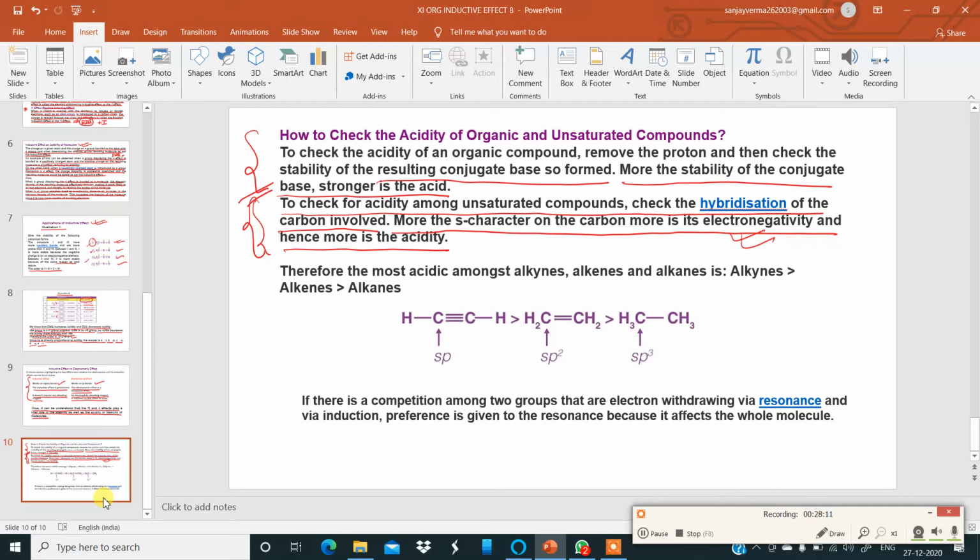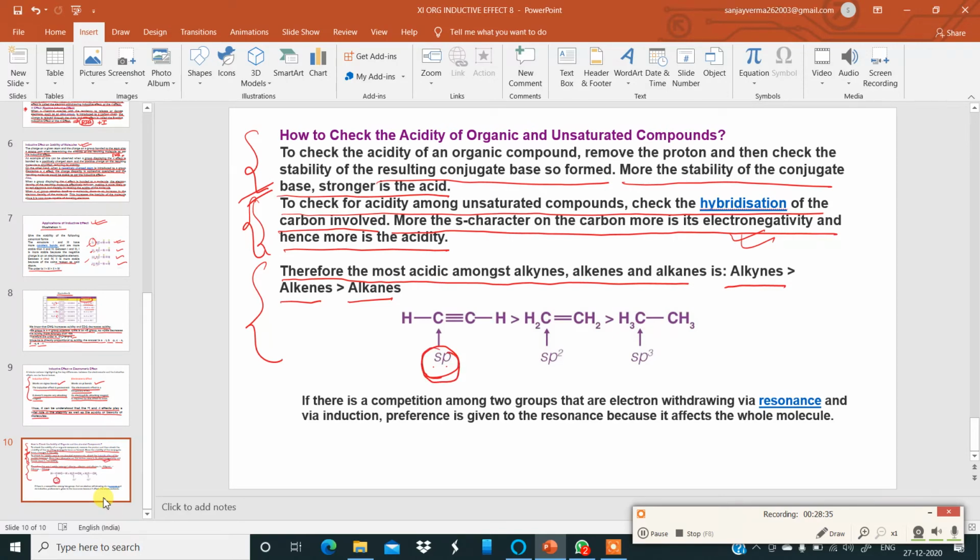So on this, there's an example over here. Therefore, the most acidic amongst alkynes, alkenes, and alkanes are alkynes, then alkenes, and then alkanes. In alkynes, this carbon atom is sp hybridized.